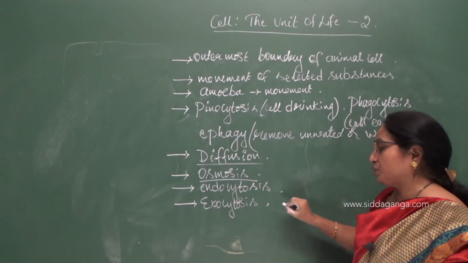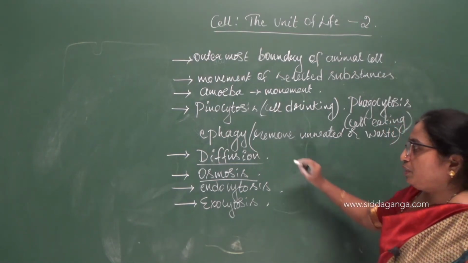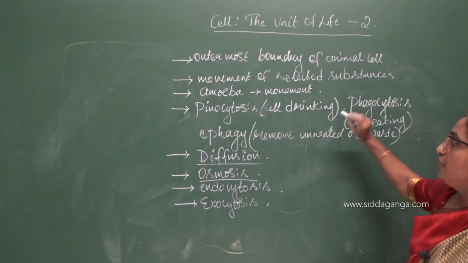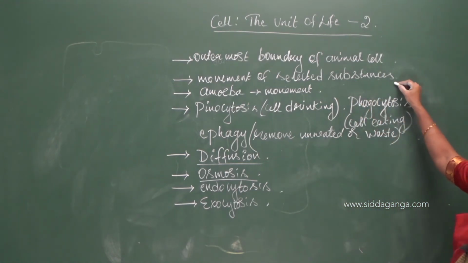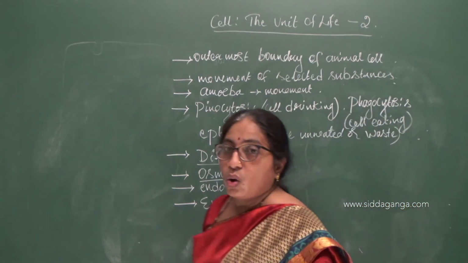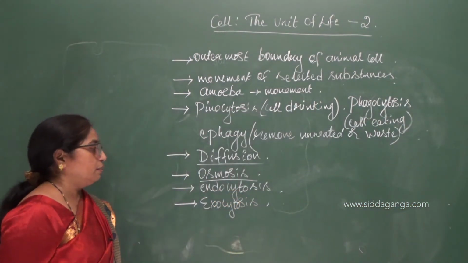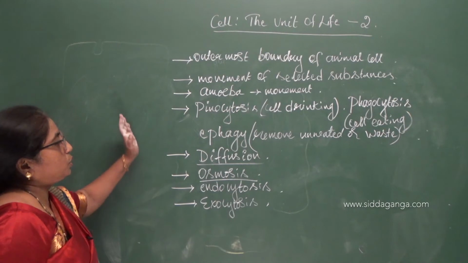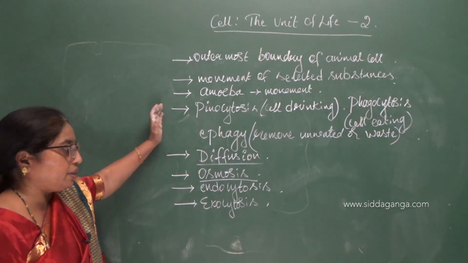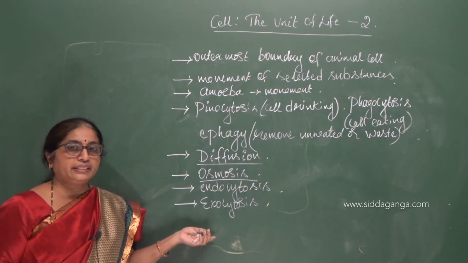So, diffusion, osmosis, endocytosis, exocytosis, then the movement of selected substances, the movement in the case of amoeba, all these are the functions of plasma membrane. That is very important from the exam point of view.